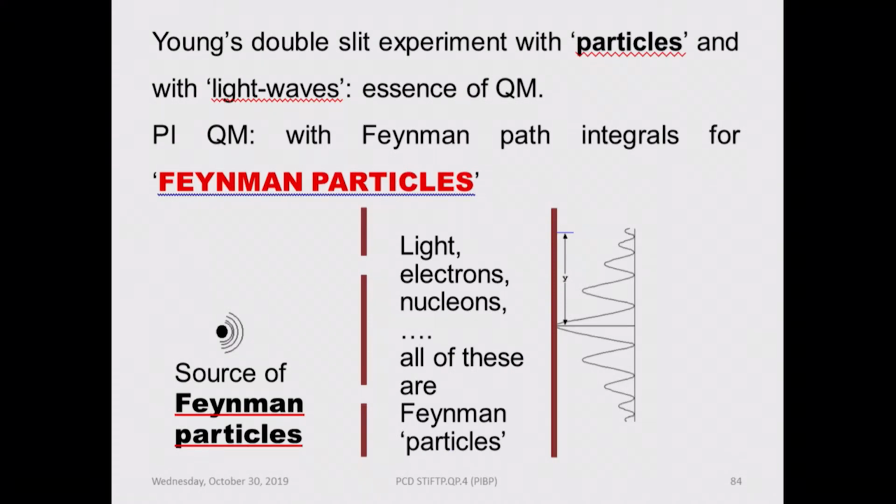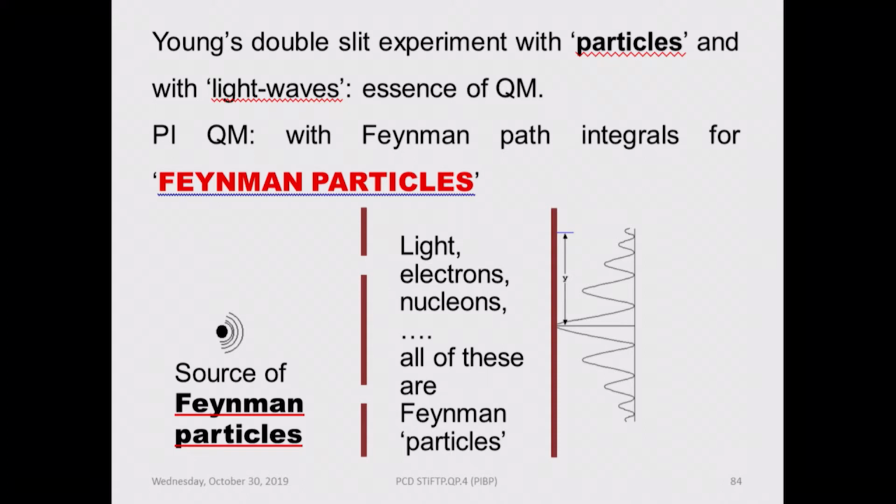And the classic example is of course the Young's double slit experiment. Those of you who have watched Feynman's lectures on the YouTube, you are familiar with this, that Feynman emphasizes the fact that all of the essence of quantum mechanics is in the understanding of the Young's double slit experiment, okay.